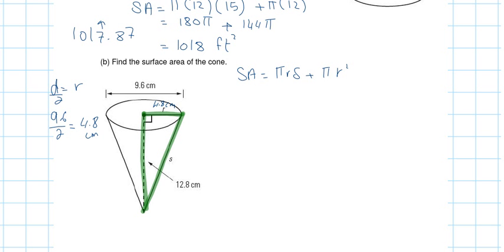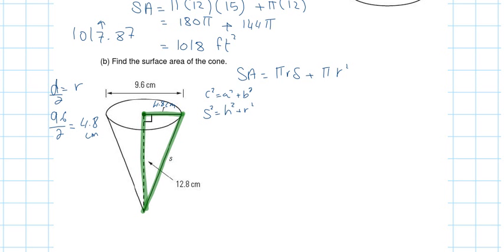Because that's the one that's across from the 90 degree. So in order to find S, I have to add the height squared plus the radius squared, using the formula c squared equals a squared plus b squared. Okay, that's the same as the Pythagorean theorem.